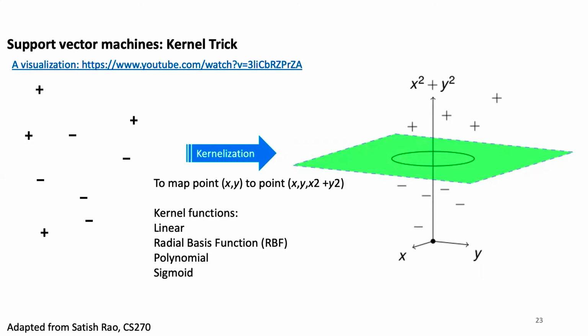And if you visualize the boundary in the original lower dimension space, it looks like this. There are different kernels you can use. The most popular ones are the RBF and the polynomial kernel.